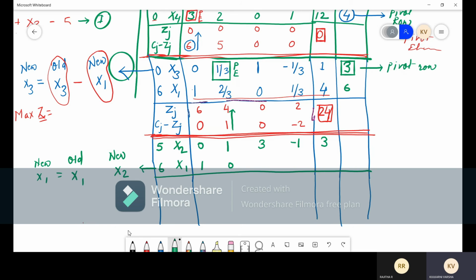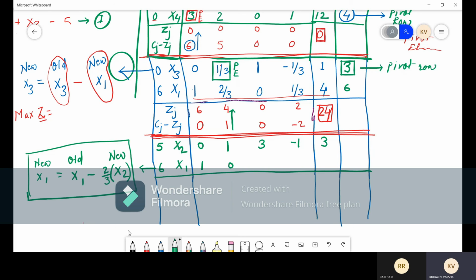So if you multiply this 0 by 2 by 3 and subtract from 1, we get 1 over here. That means our formula is: multiply the values of x2 by 2 by 3, and then subtract from x1. This is the formula we need to apply to get the values of x1, right? The same thing applies for the remaining three places also. So multiply this 3 by 2 by 3. The 3 gets cancelled, only 2 is left, and subtract from x1. x1 is where? 0.